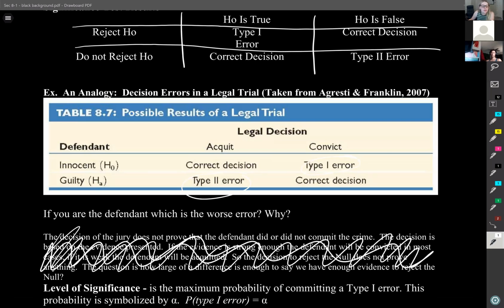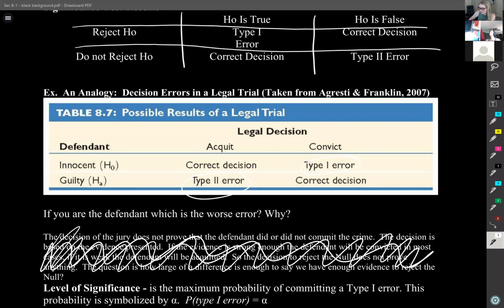Yeah, good. So the innocent and convicted is probably the worst one for you. Not that it's great to be guilty and not be convicted, but as the defendant, you probably wouldn't be that mad about that. So keep in mind that sometimes, depending on what type of error it is, it's a bigger mistake than the other type.